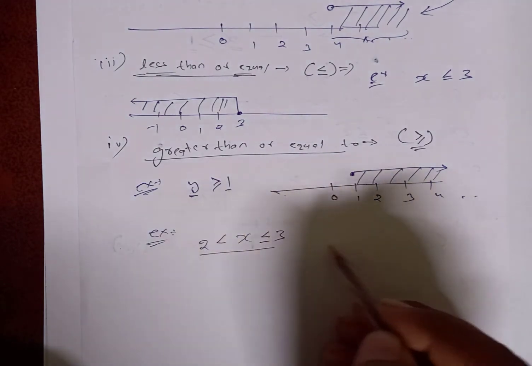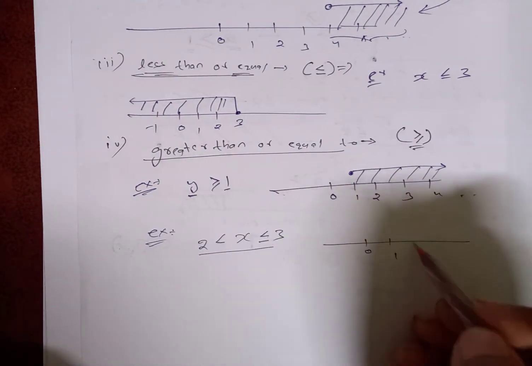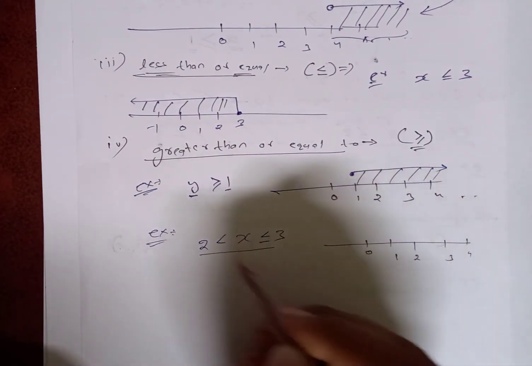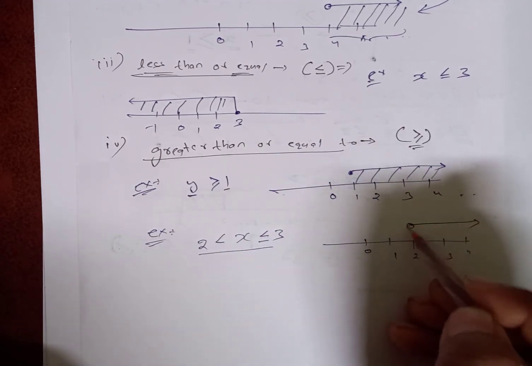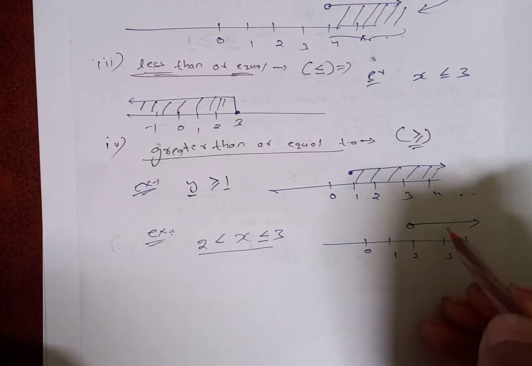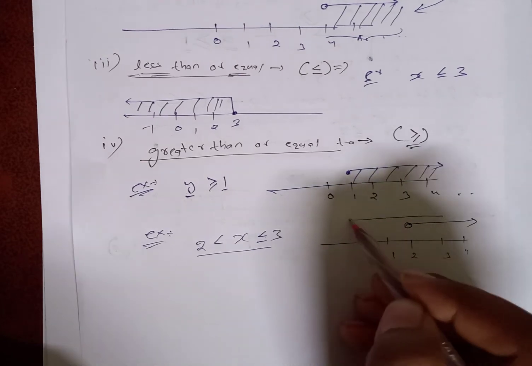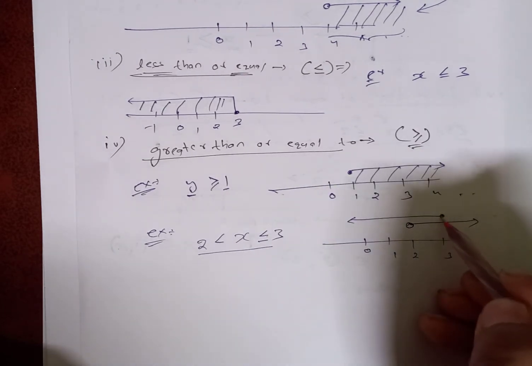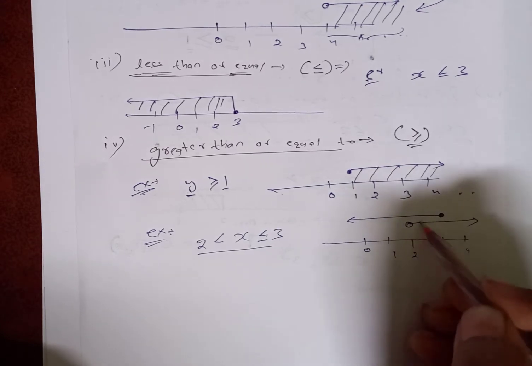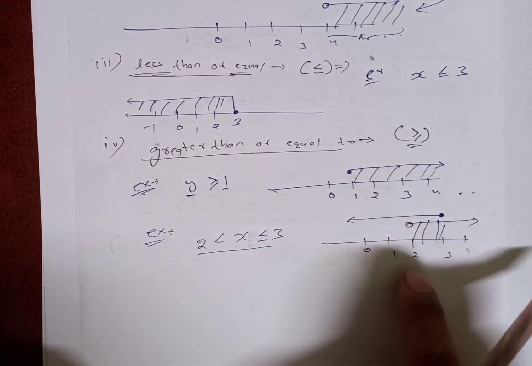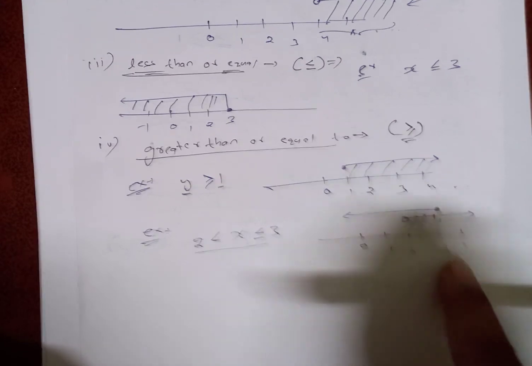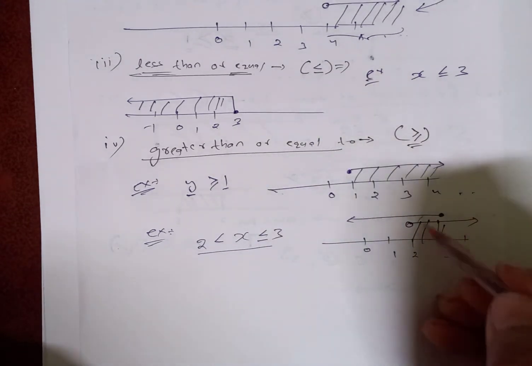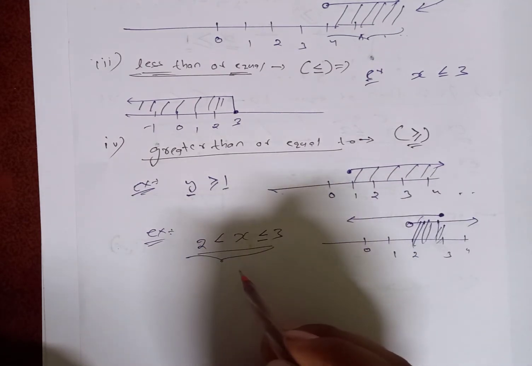This implies that x is always greater than 2 but never equal to 2, and x will be less than 3 but it also can be equal to 3. So x values lie between 2 and 3. This is the interval of x.